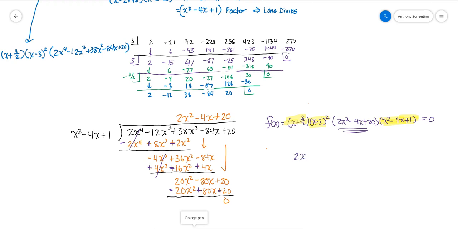So 2x squared minus 4x plus 20 is set equal to 0. Everything's divisible by 2, so it makes my life a little easier if I just divide everything by 2. I'm not even going to try doing anything but the quadratic formula. Factoring is not going to work because I already established that this is going to be where my non-real zeros are from.